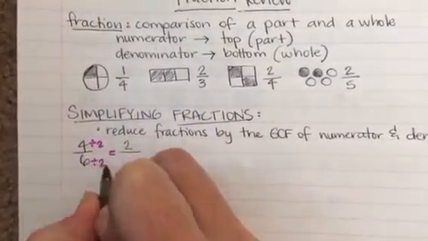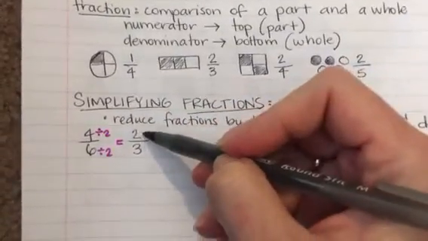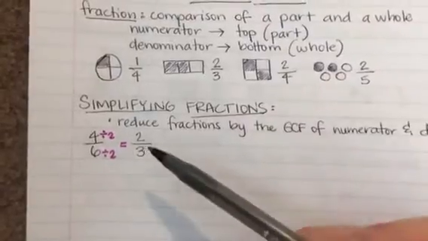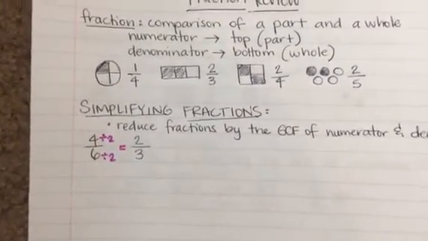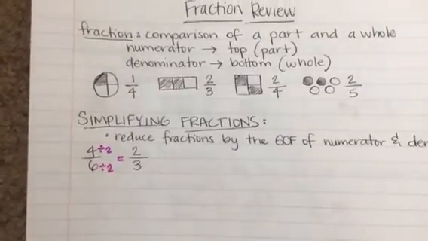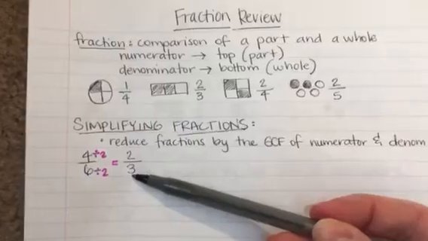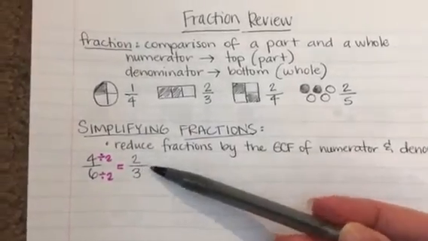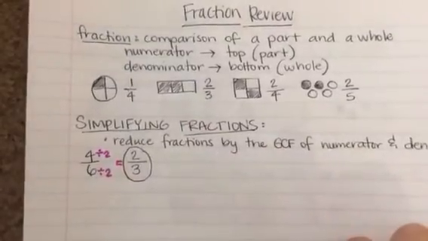And if I divide the bottom by 2, 6 divided by 2, that gives me 3. So that gives me a new fraction of 2/3. Now, this means this is simplified. I always want to check to make sure that it is simplified to its simplest form. Since 2 and 3 do not share any other factor except for 1, then that means this is the simplest form of 4/6.